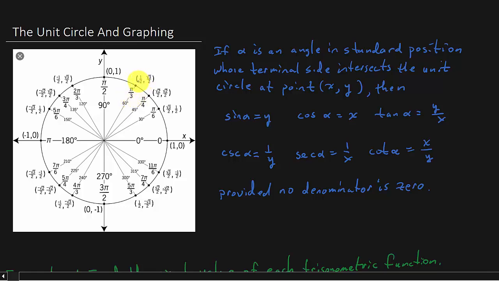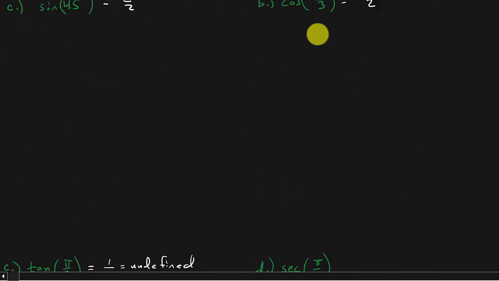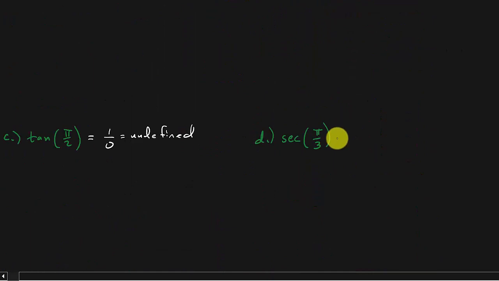So the x value is 1/2, and so secant is 1 over 1/2. And so this is 1 divided by 1/2, or 1 times the reciprocal of 1/2, which gives us 2.